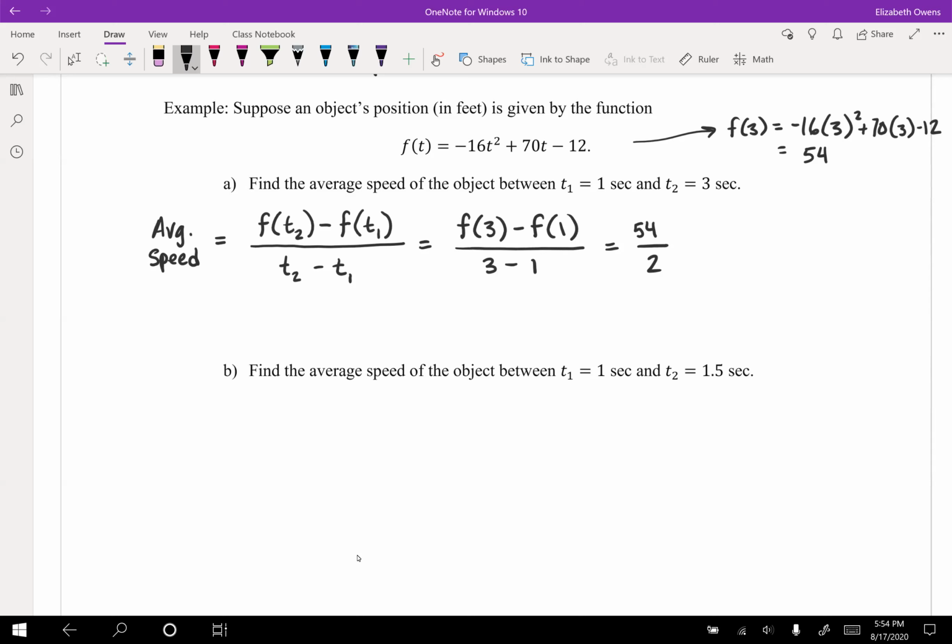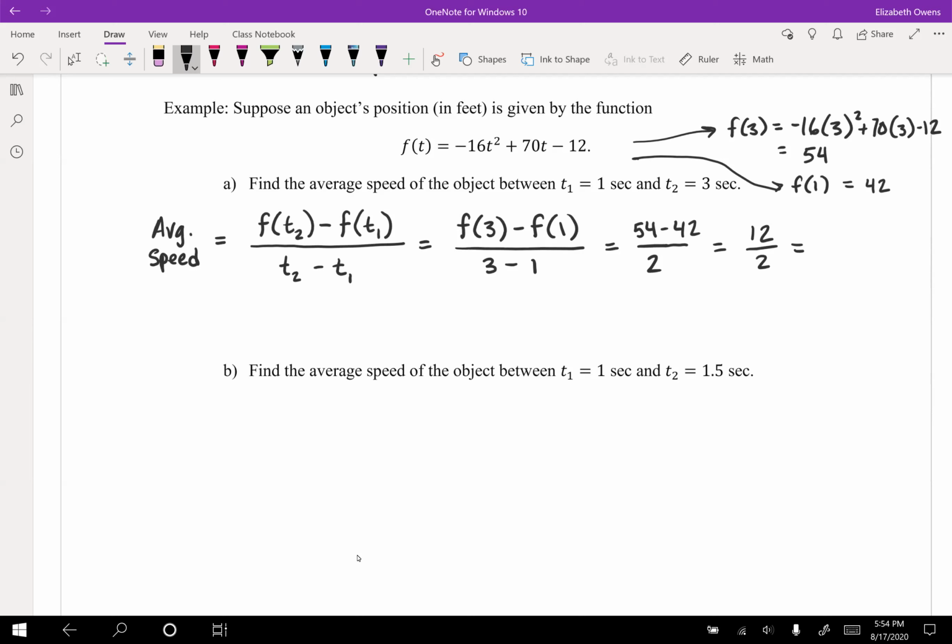And then you would do a very similar thing, plugging in t equals 1. That one's a little easier to calculate, and you should get a position of 42. So our numerator would be 54 minus 42, divided by 2 in the denominator.